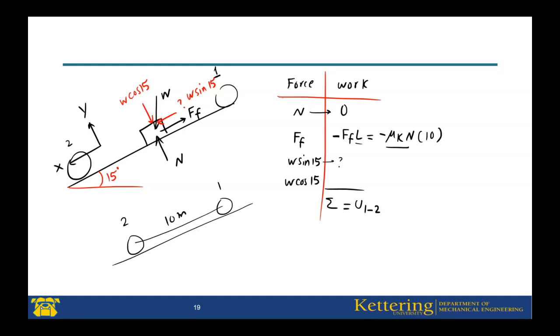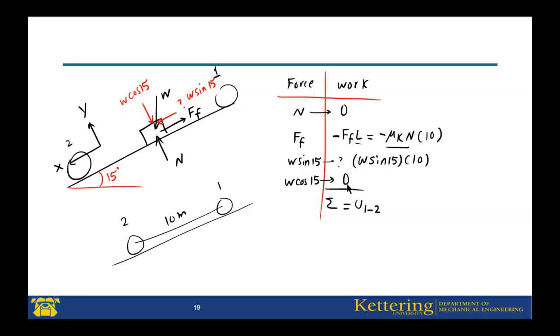How much is the work? Somebody mentioned 12.9? I do not have the number, to be honest. Maybe I will calculate it. It's W sine 15 multiplied by 10. If we calculate it, I think that might be 12.9. Next one. What is the amount of the work that is done by W cosine? Yes, it's 0.